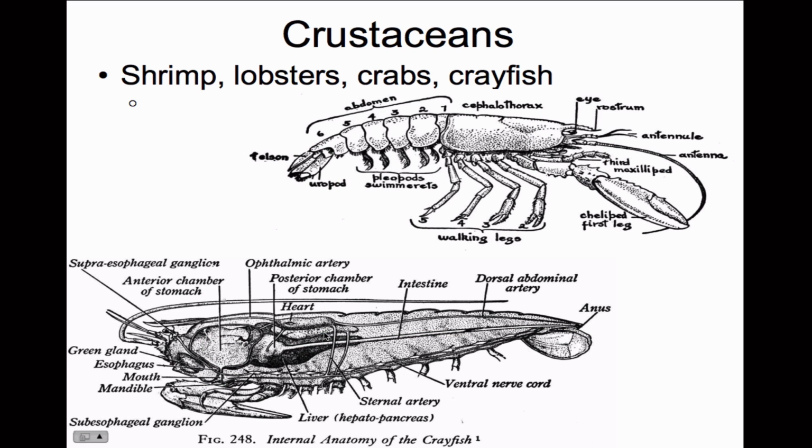They have other specialized structures, so they have a heart, and then you'll see this dorsal artery, and that allows them to move oxygen throughout the crayfish. We also see that the crayfish has a liver, so the liver has become part of its system, and so very specialized structures within the crayfish.